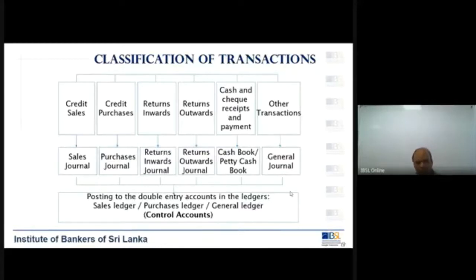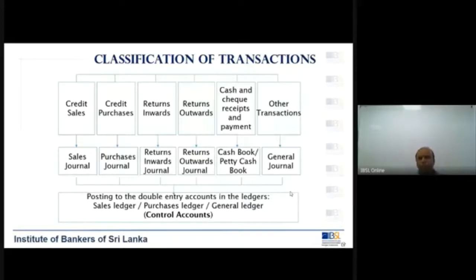Now similarly, whatever you have purchased, you might also return. Let's say you have purchased stationery on credit terms. Now after bringing the products into the business, you see that certain stationery items are damaged or dilapidated. So you might give it back to them.